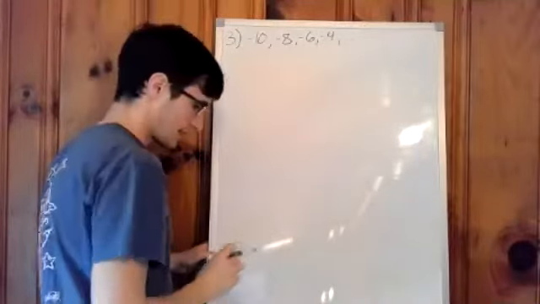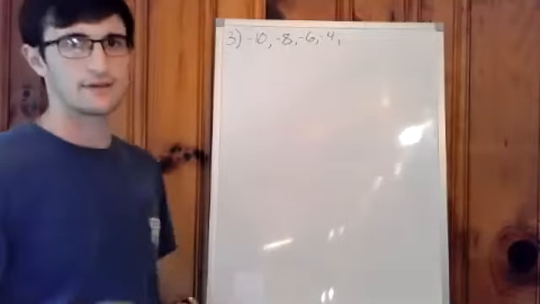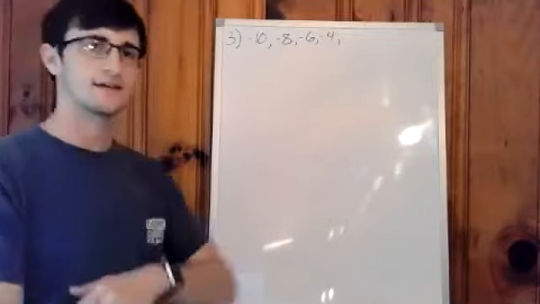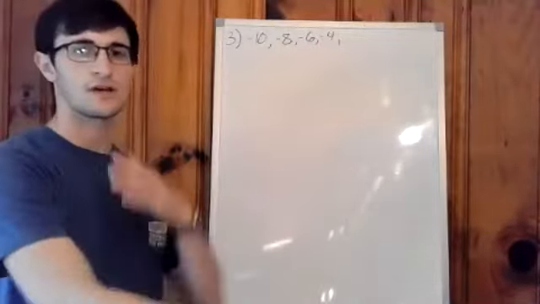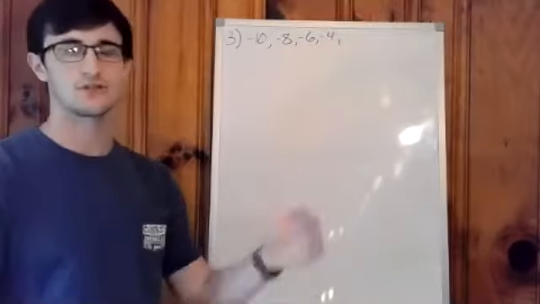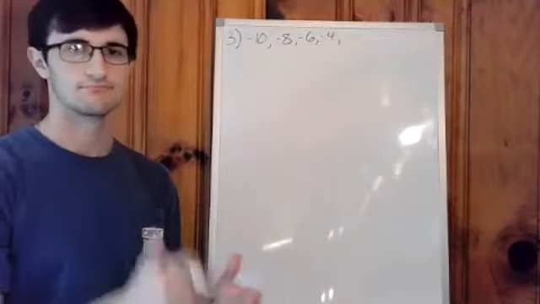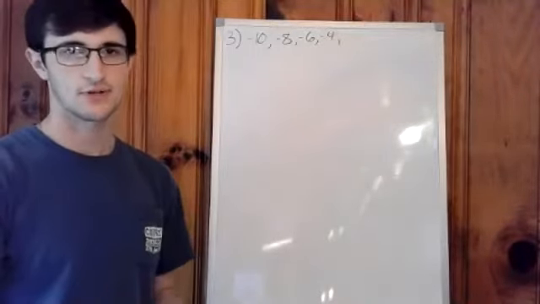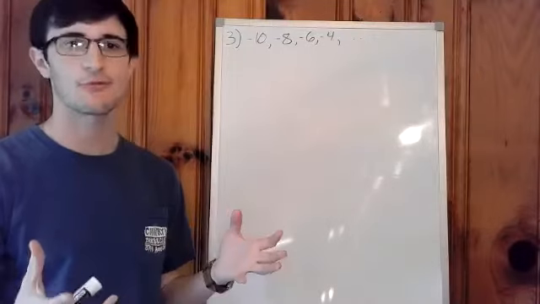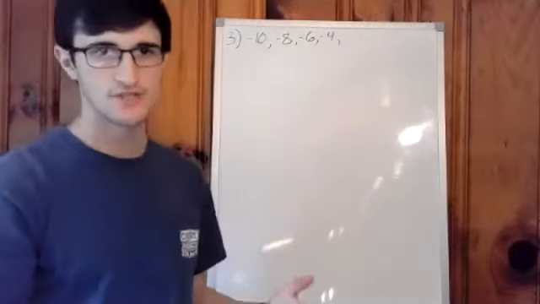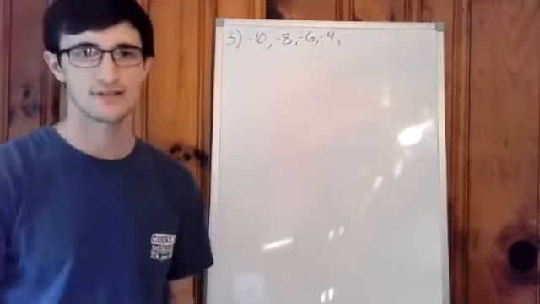So let's look at that and see if we can find a pattern already. -10, -8, -6, -4. It seems we're counting by twos, right? If we're counting by the same number every time, that tells us we have a common difference.